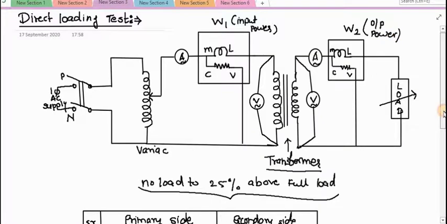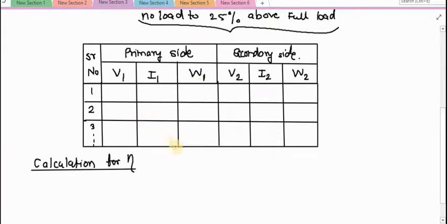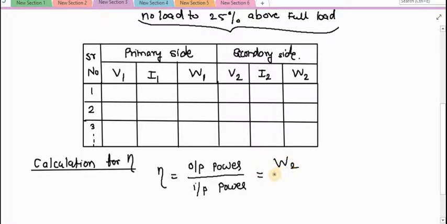We have seen in the last lecture, efficiency is nothing but the ratio of the output to the input. So I can write efficiency equals output power upon input power, right? That equals, the output power is denoted by the wattmeter connected on the secondary side, let it be W2, and the wattmeter connected on the primary side, let us denote it by W1.